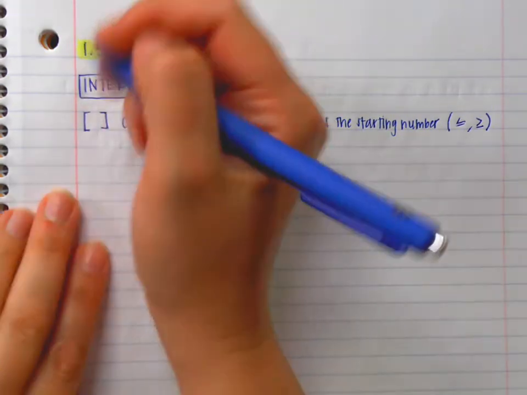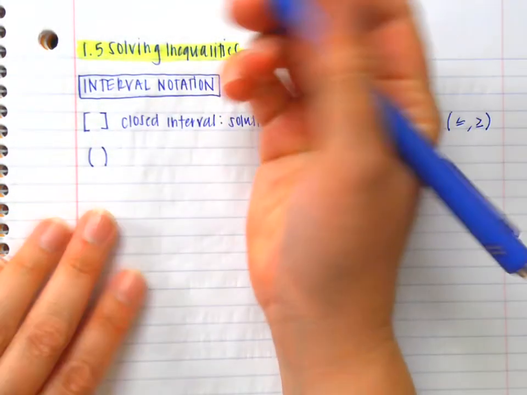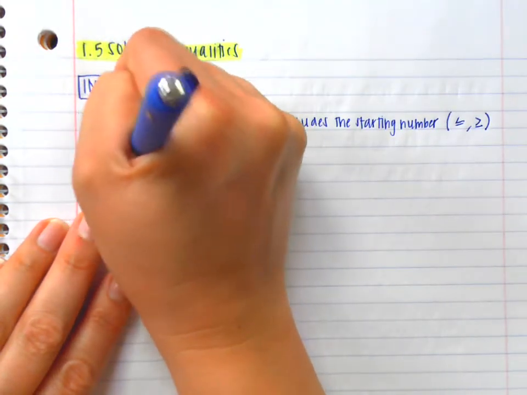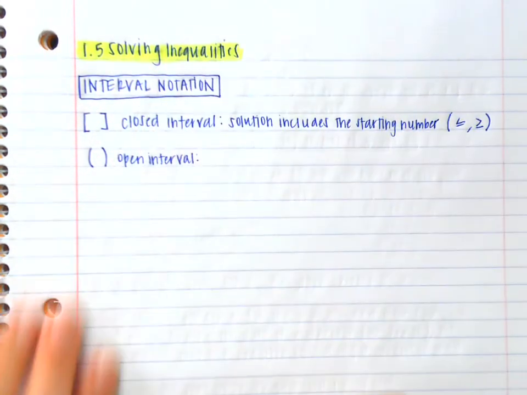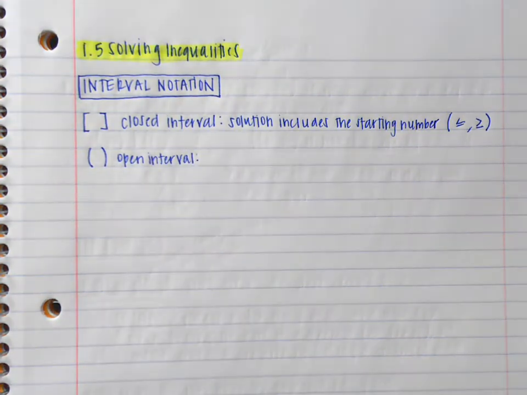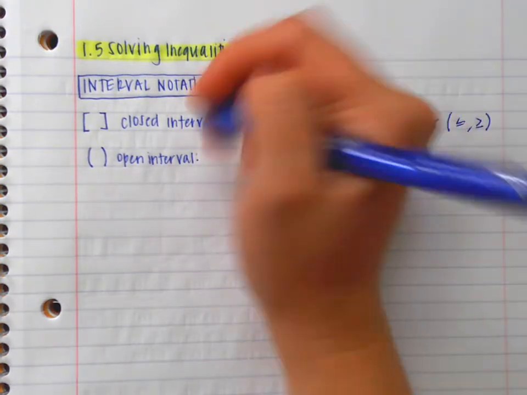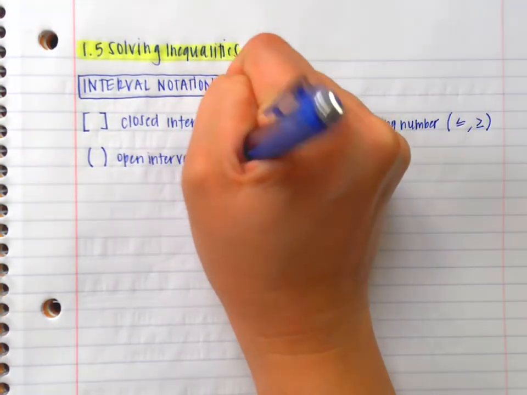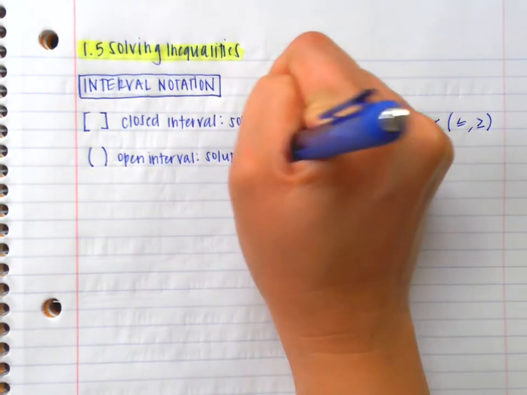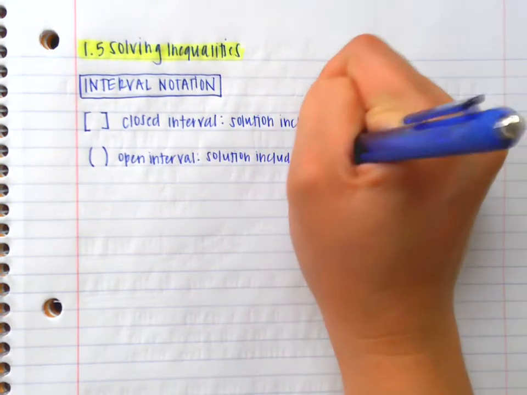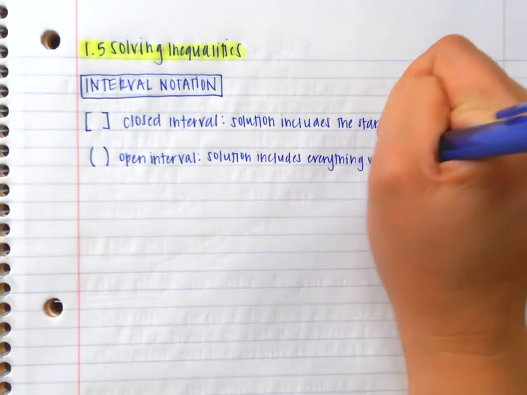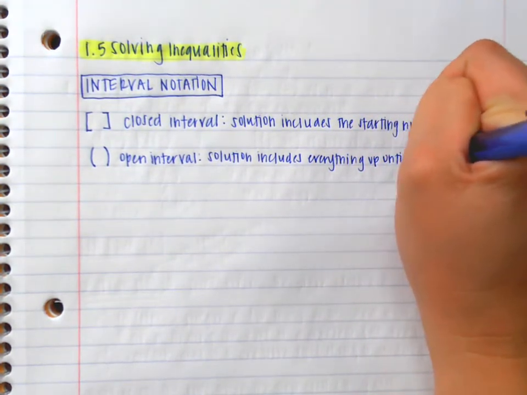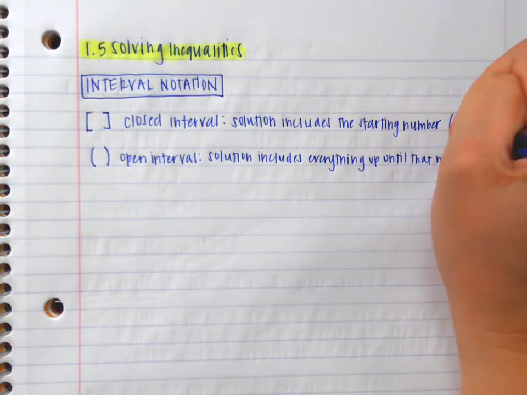Now, parentheses are for open intervals. And an open interval basically means that the solution includes everything up until that number.